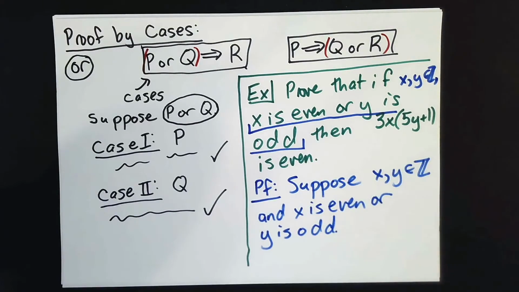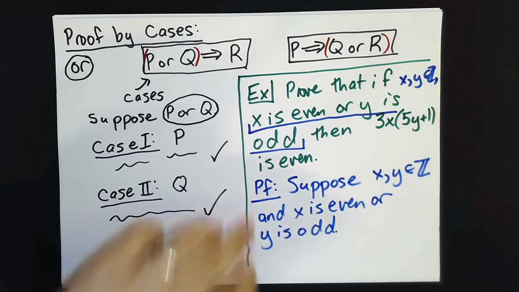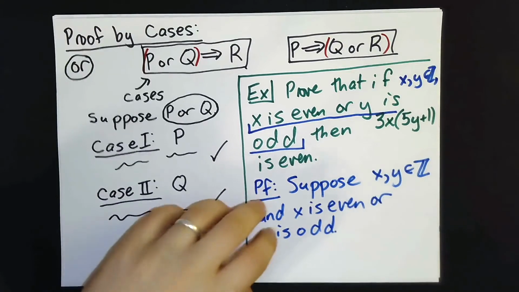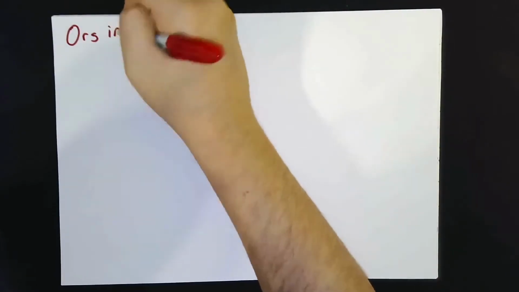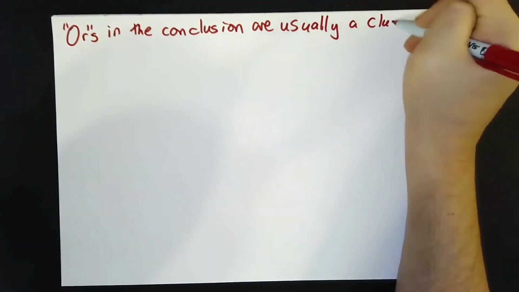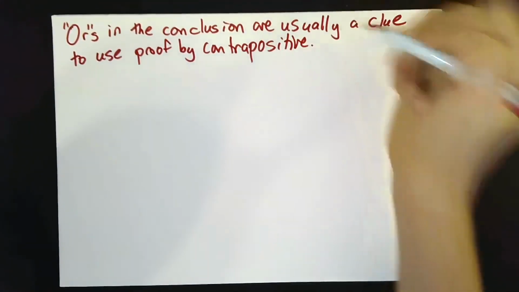Well, we've talked about one way to handle an or in a conclusion, and that way is by far the most common. Here is where I would make you all shout out the answer of what you're supposed to do if there's an or in the conclusion, but unfortunately, life being what it is, I will just have to pretend you all shouted out contrapositive. But to reiterate, because this is important, an or in the conclusion is usually an indication that you should be using proof by contrapositive.